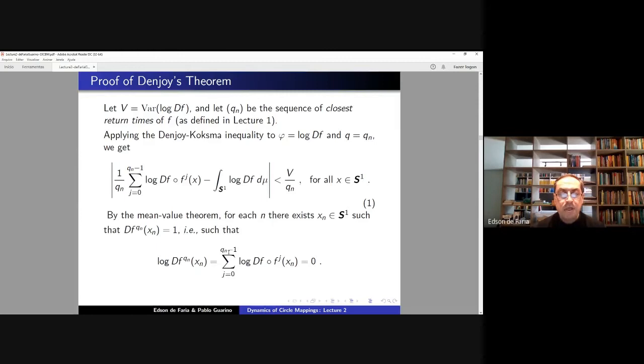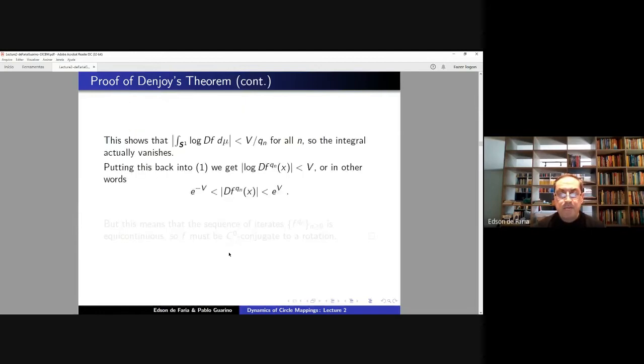And remember that the sum of the logarithm of Df composed with f^j, from j equal to 0 to q_n minus 1, is precisely the logarithm of Df^{q_n}, as you see here at the bottom. So if you plug this information in, you deduce that the logarithm of Df^{q_n} at any point x on the circle is in absolute value less than v, which is a constant.